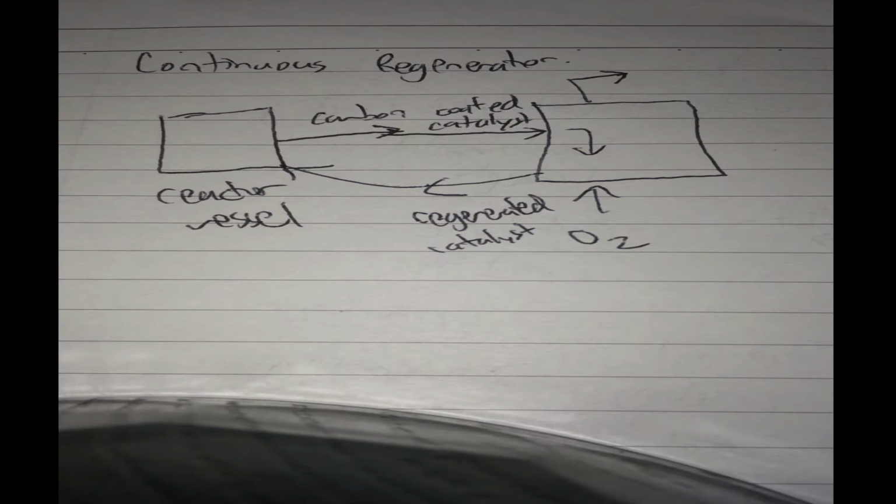So once all the carbon is burned off, this is called regenerated catalyst. And now it's ready to cycle back into my reactor so that the reaction can start again.